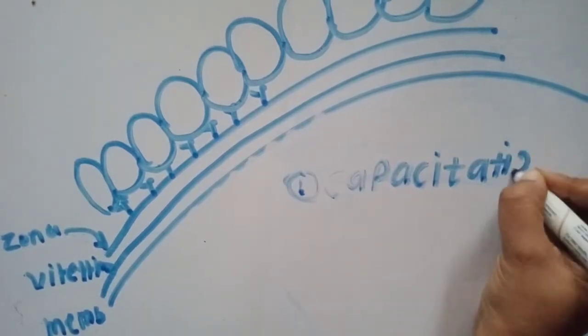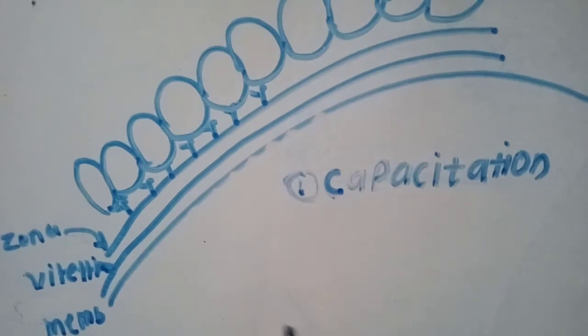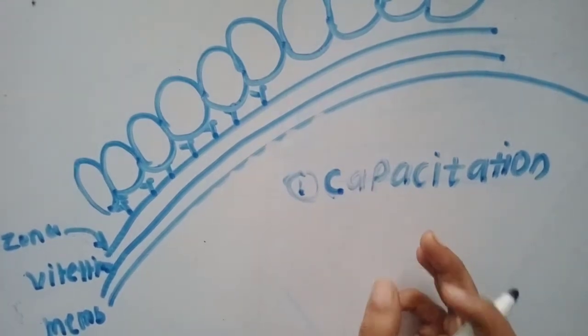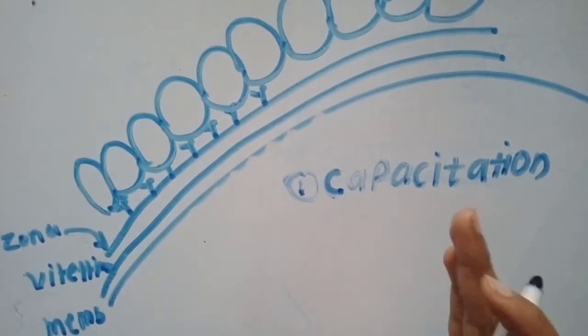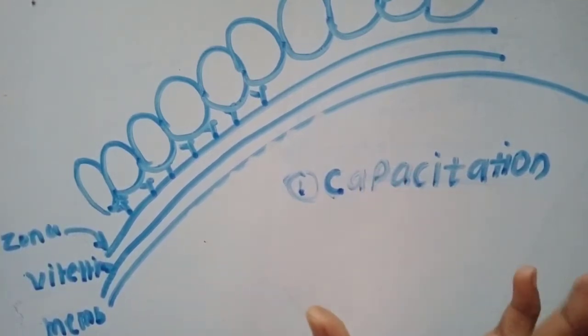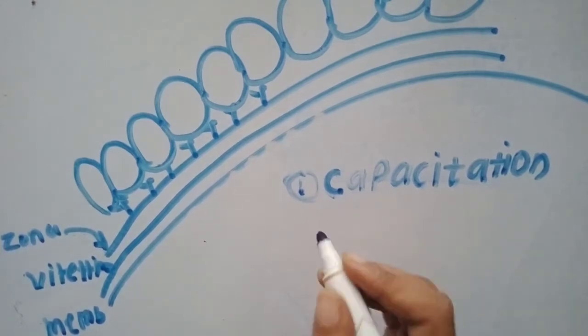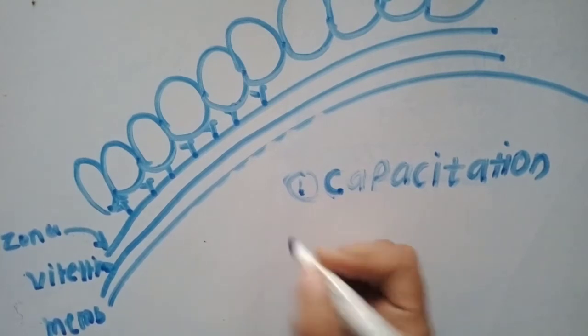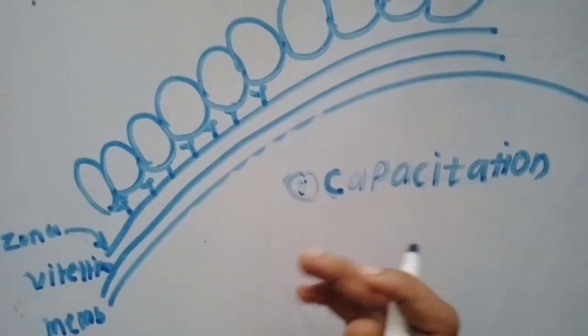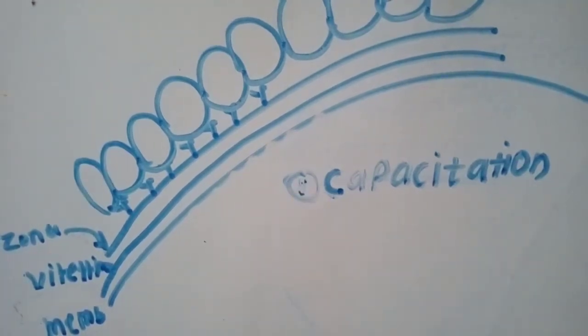What is the meaning of capacitation? When the sperm enters the vagina, it goes through the cervix and swims into the uterus, about to reach the ampulla to fuse with the egg. But the sperm is not that motile.